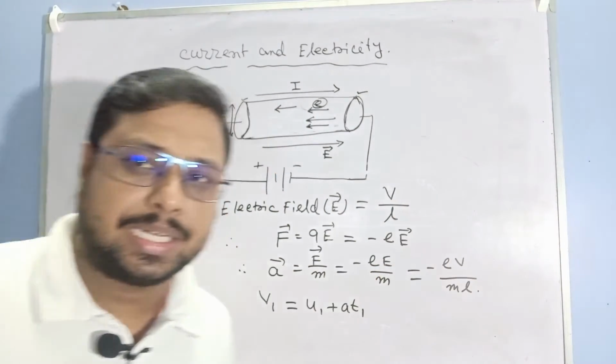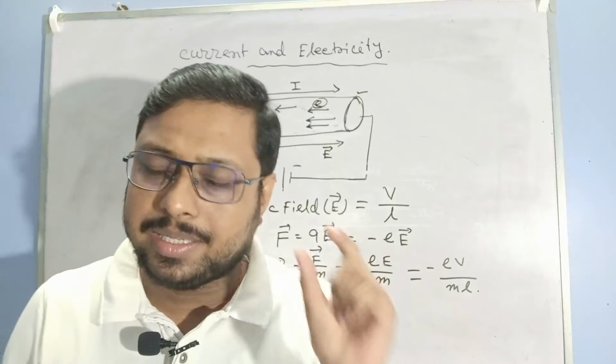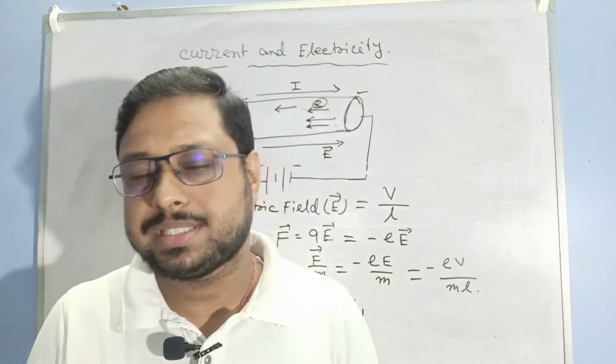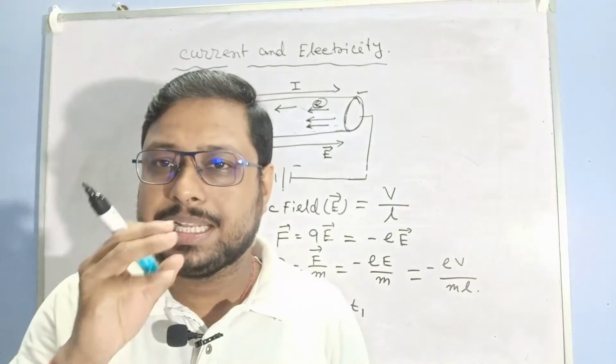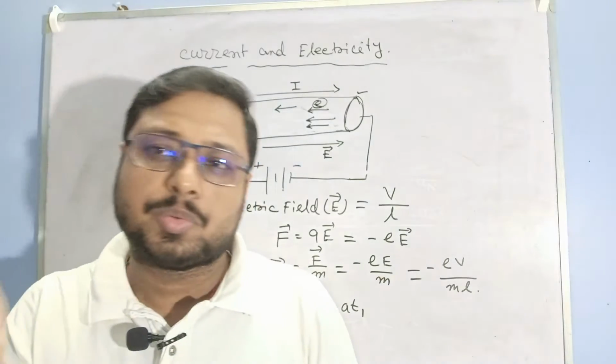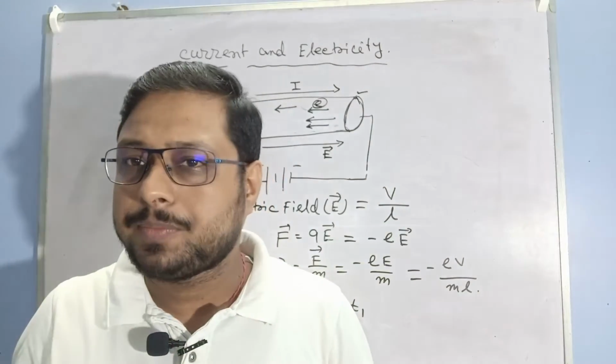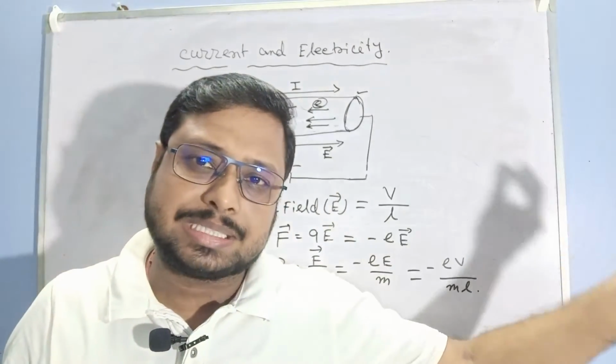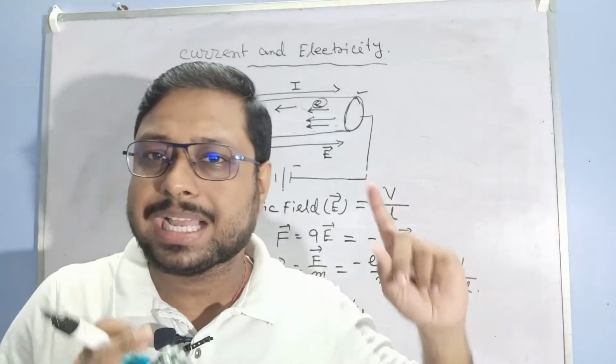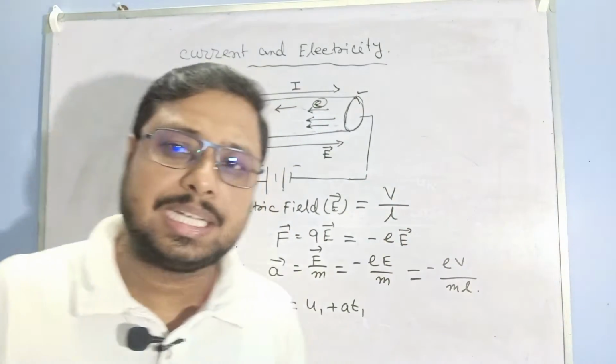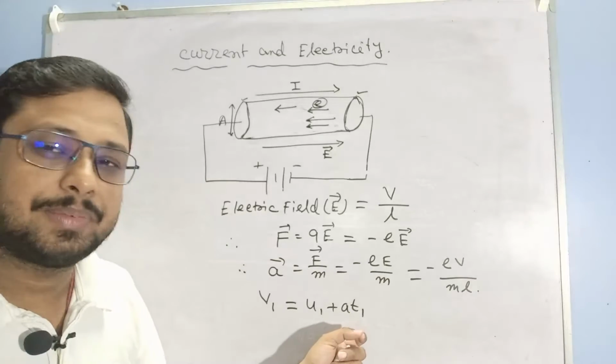That is, t1 is the time interval between two successive collisions. When an electron collides with a positive ion and then collides with another positive ion, the time interval between the two collisions is the relaxation time t1.